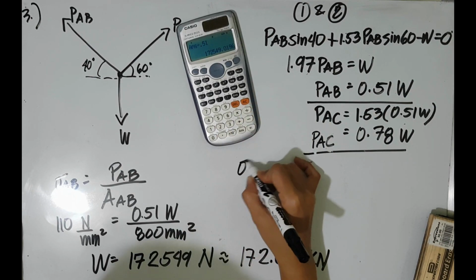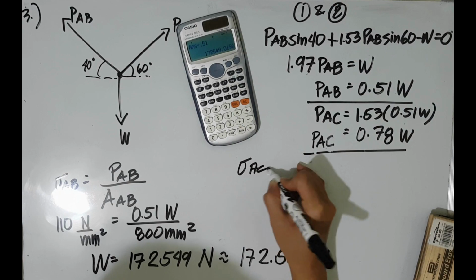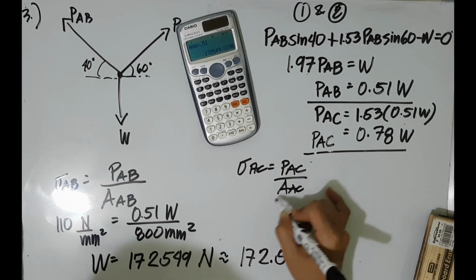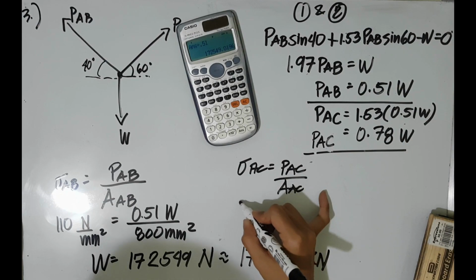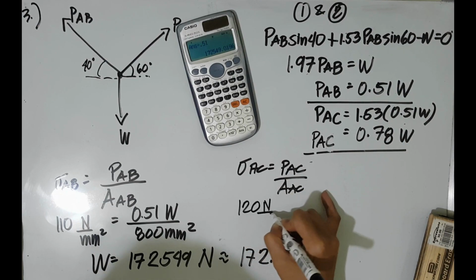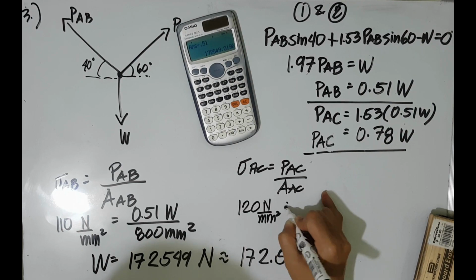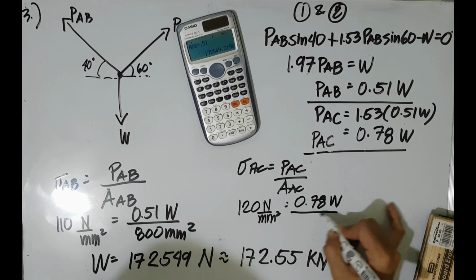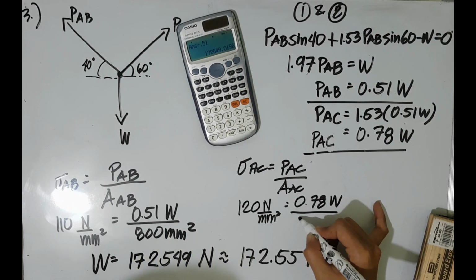And then for section AC, our stress in AC is 120 megapascal, and then force at AC is 0.78 of the weight, and our area is 400 square millimeter.